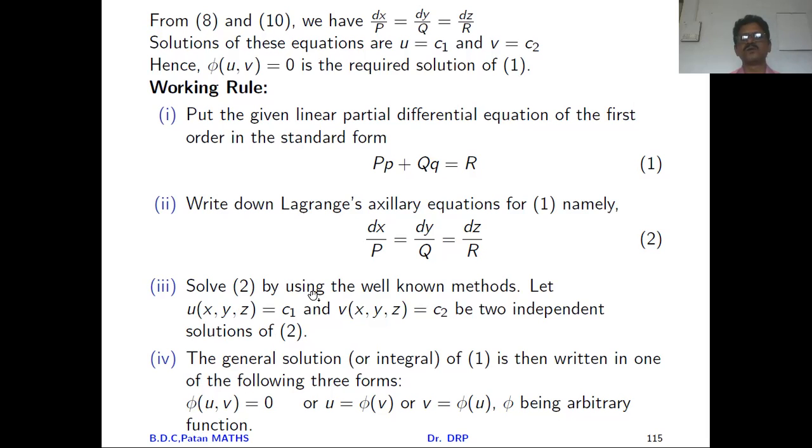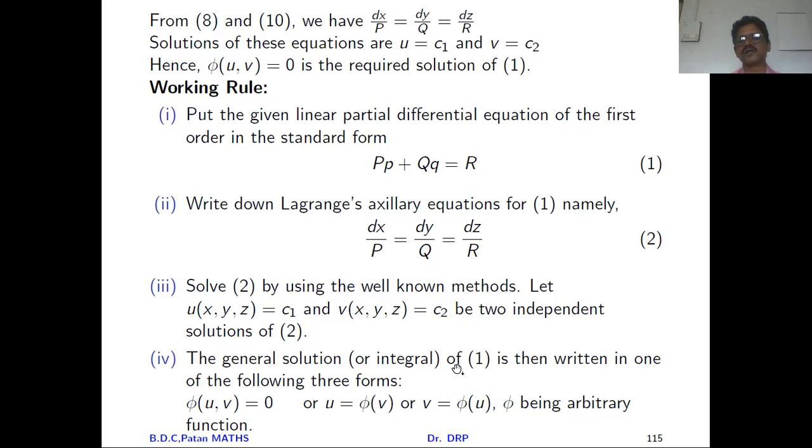So solve them by using the well-known methods, which we have already studied under the topic simultaneous differential equations, before total differential equations. So u equal to c1 and v equal to c2 are the two independent solutions of equation 2, and that part we have already discussed.